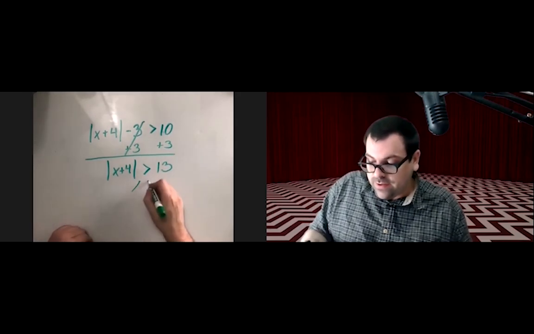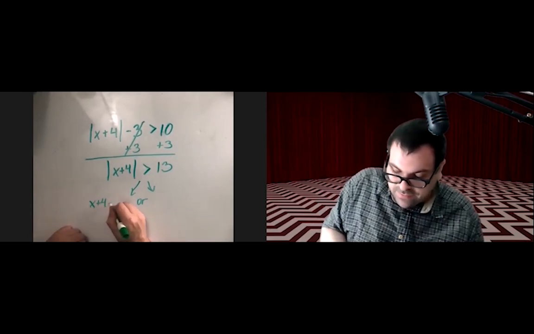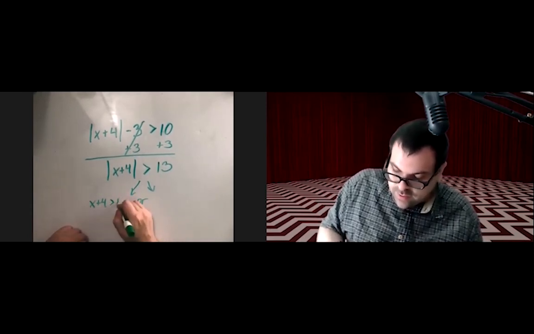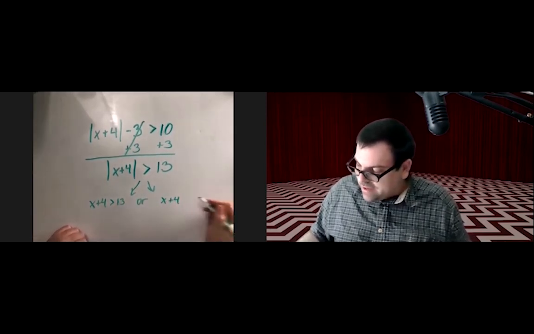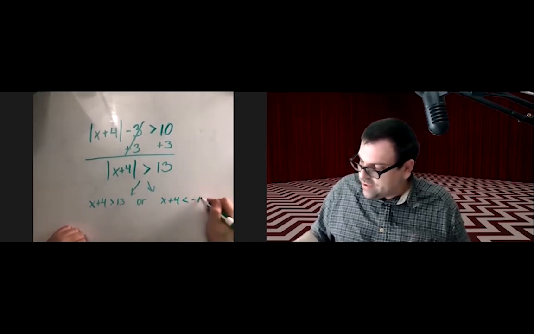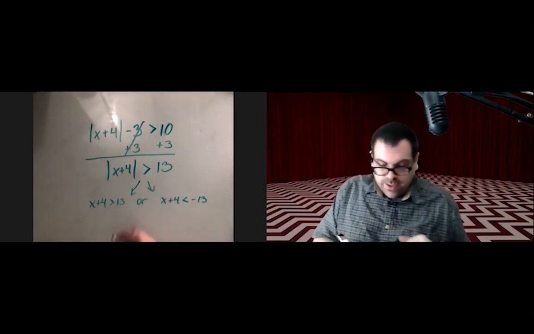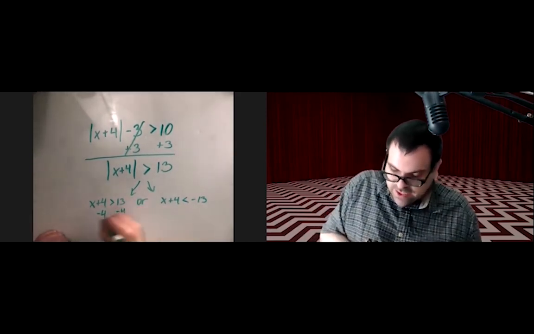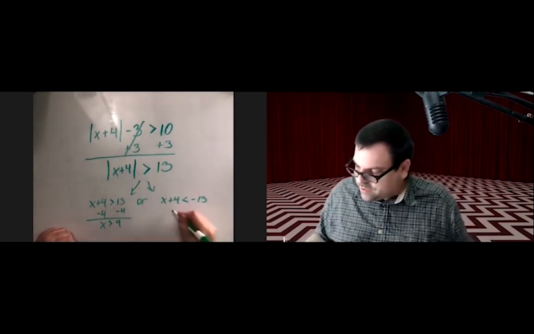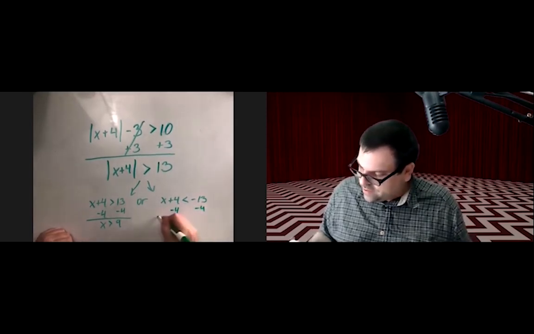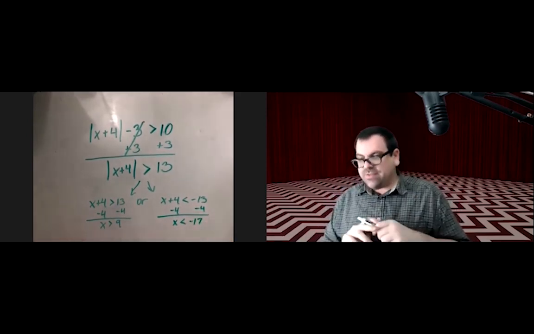Absolute value greater than, two things, or statement. Drop the absolute value. Leave the rest alone, and then drop the absolute value, switch it to less than, switch it to negative 13. Subtract 4 from both sides. X is greater than 9. Subtract 4 from both sides. X is less than negative 17.